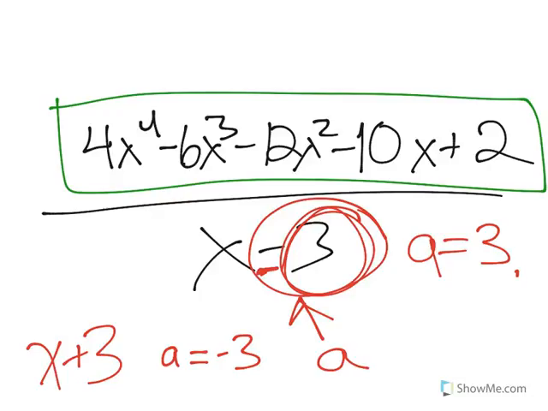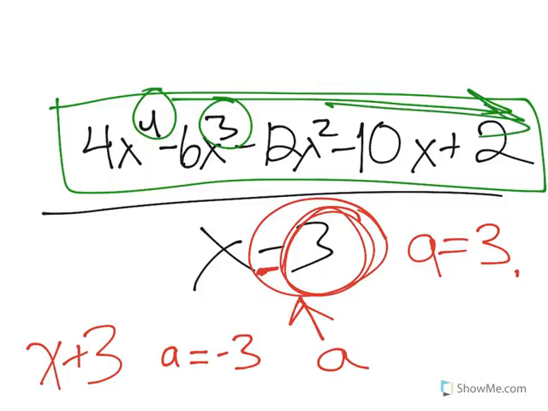Right now we have it in descending order, having the greatest exponent to the left and all the exponents to the right less than that. So we will write the coefficients in that same order next to the a, to the 3.